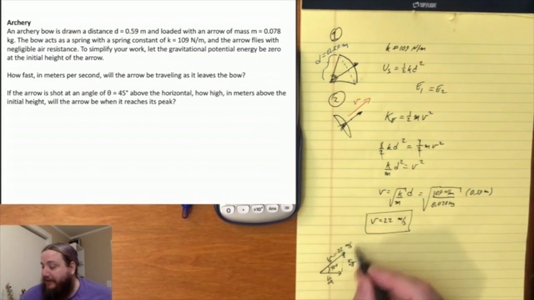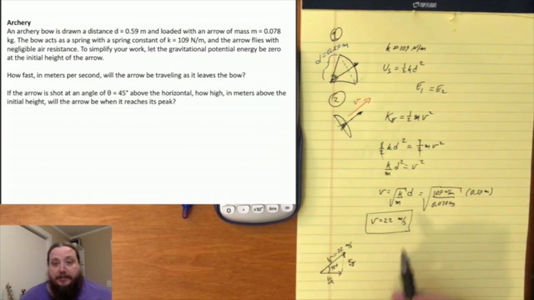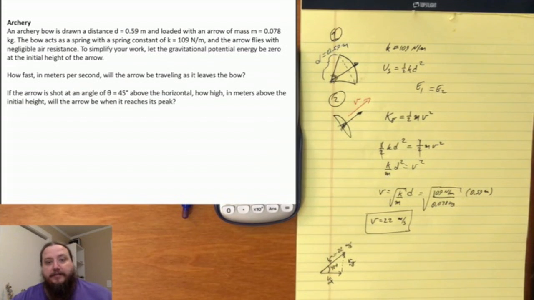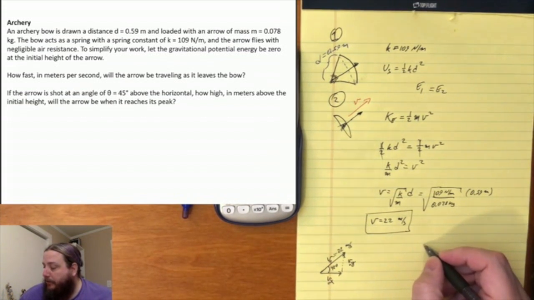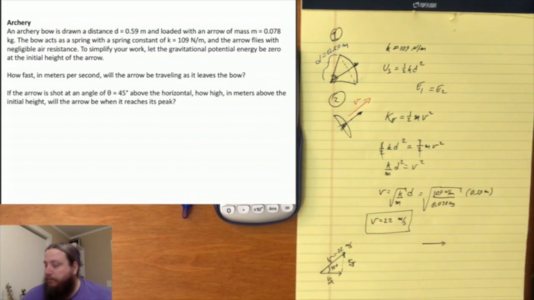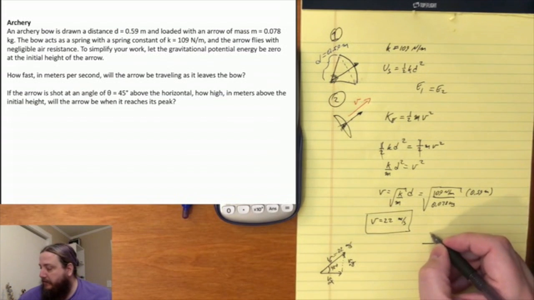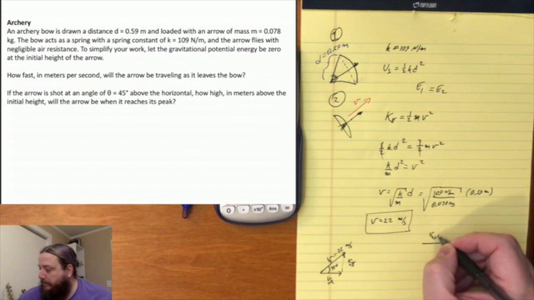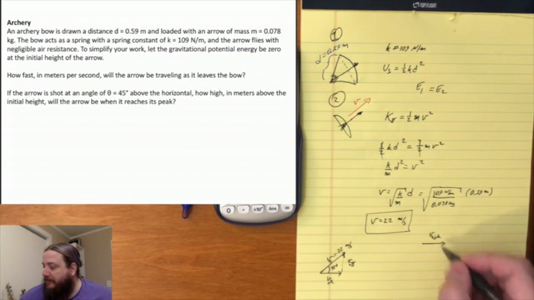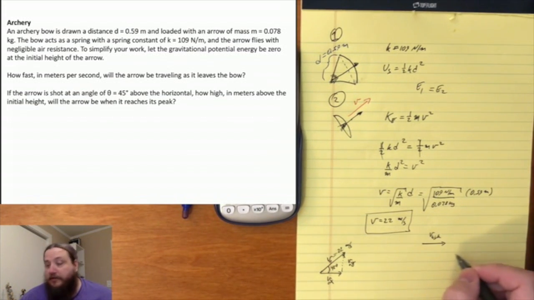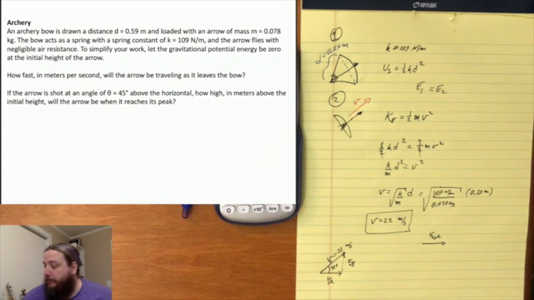We know its initial kinetic energy is going to be whatever the kinetic energy of 22 meters per second is, right? And we know that at its highest point, it will be moving purely horizontally. The velocity at its highest point will be just the horizontal motion, because the vertical motion will have stopped.